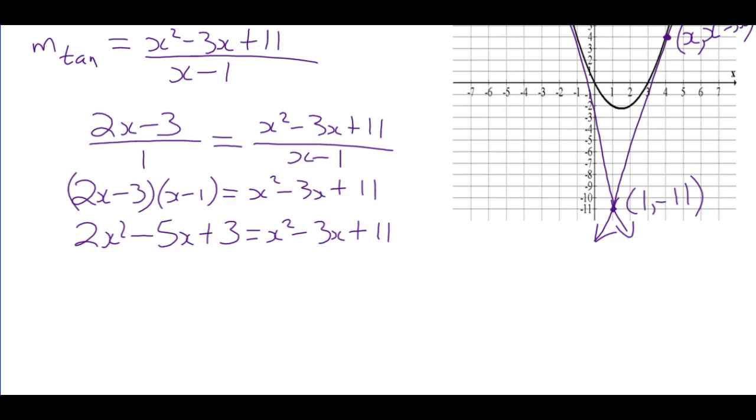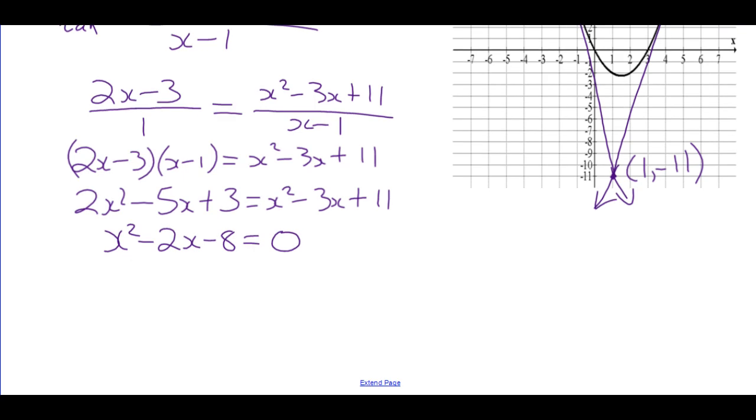We keep going, so let's move everything over to the left. And let's hope for everybody's sake that this factors, because otherwise you use the quadratic formula, but it does factor, so we don't have to.